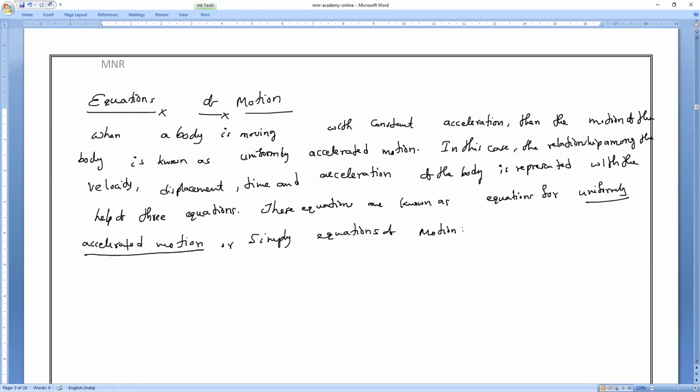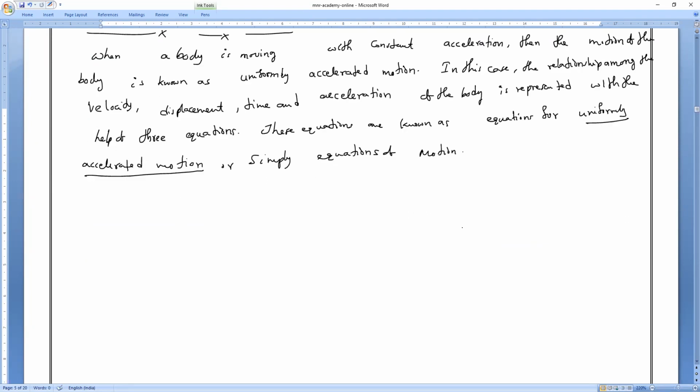First equation of motion, we can say velocity time relation. What is the first equation of motion we used to call? Velocity time relation. All of you remember that.